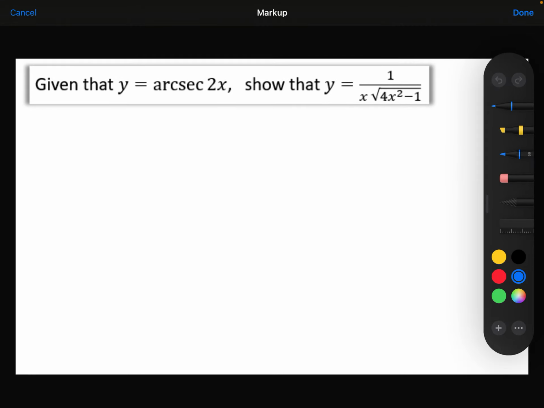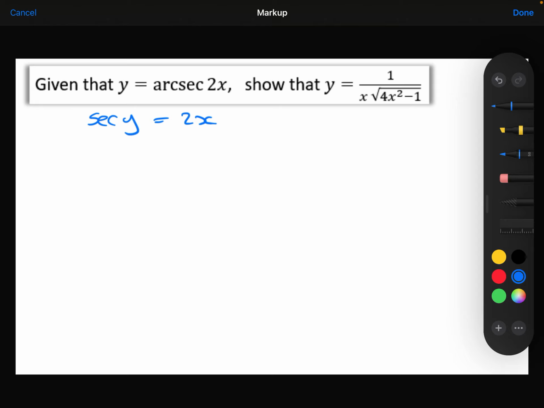Next, given that y equals arc sec 2x, show that dy by dx equals 1 over x times the root of 4x squared minus 1. So same method, take sec of both sides. So sec y equals 2x.